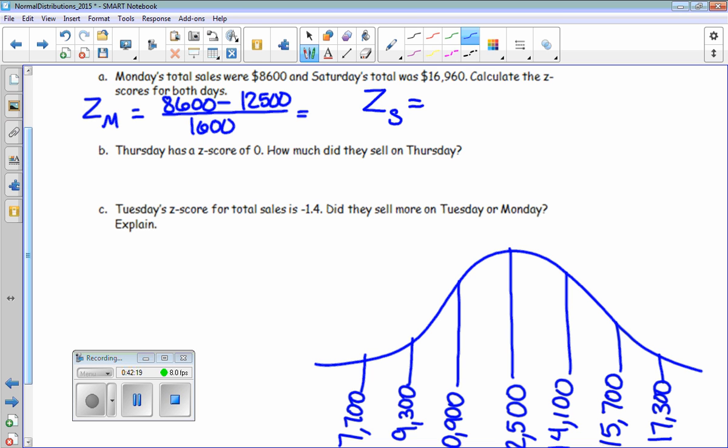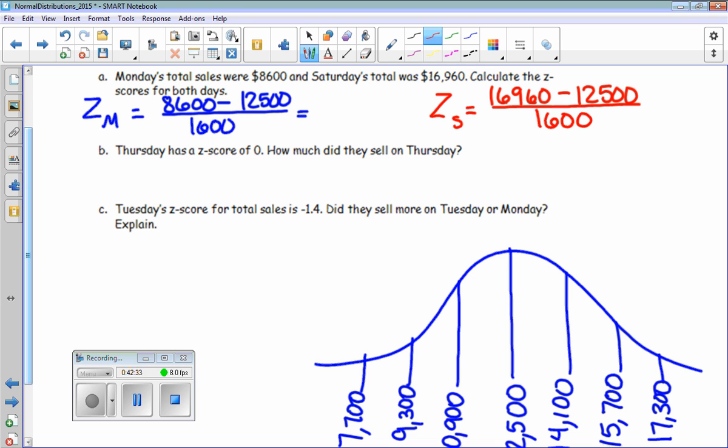So find that z-score for Monday, and then we'll find the z-score for Saturday. And tell me what z-score you get. What's the z-score for Monday?